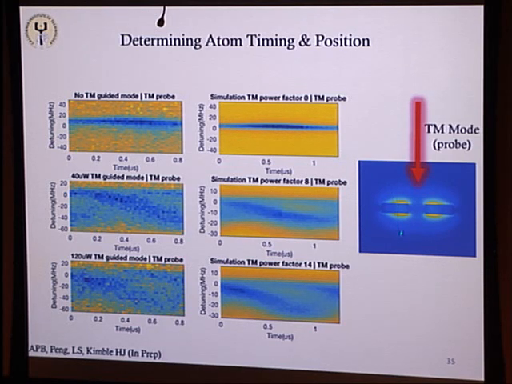As you increase the power on this TM mode, you can see that different parts of the spectrum start to separate and move around. And we're seeing the same thing in the simulation that we're seeing in the data. So this tells us that the simulation is really good at reproducing the kinds of things that we can get in the lab.